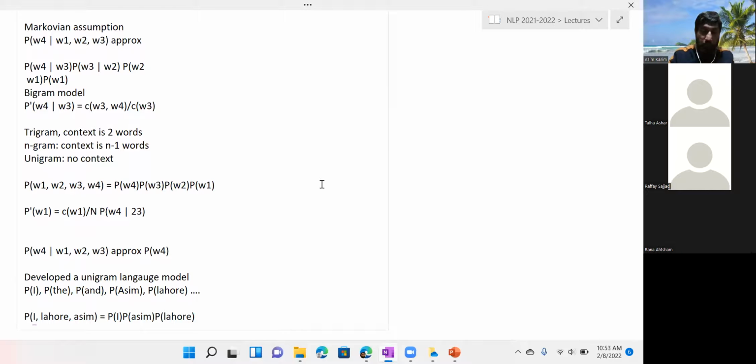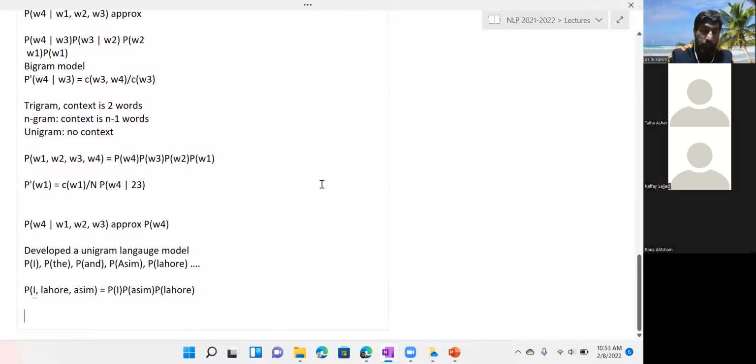Of course, as you can see, the Unigram language model completely ignores the context and it might have issues. So let's say you use this Unigram model to generate language. How? You have a distribution over all the words. You have probabilities for each word in the vocabulary, and based on that distribution, you sample a word.